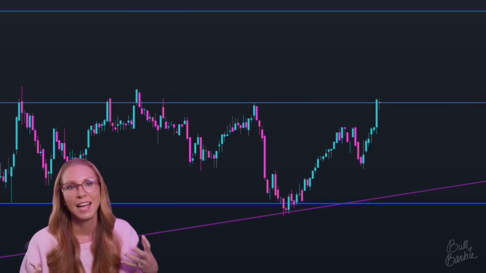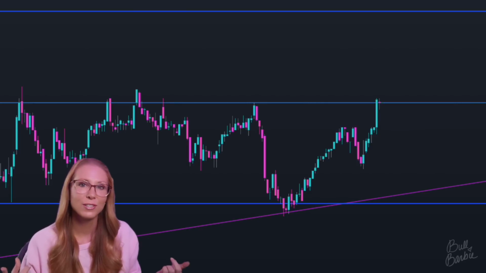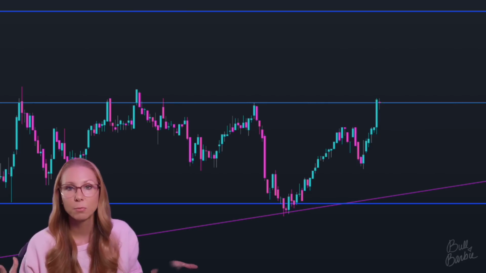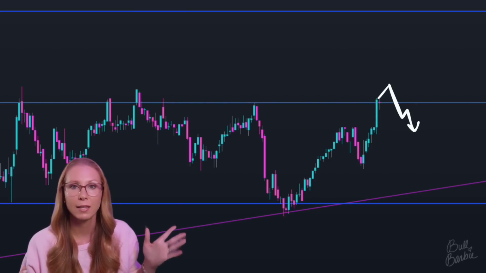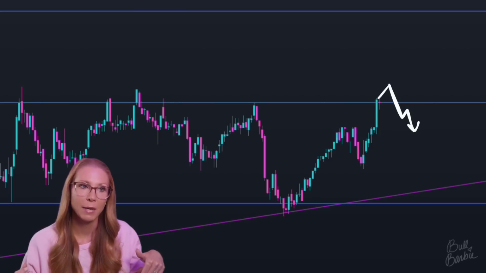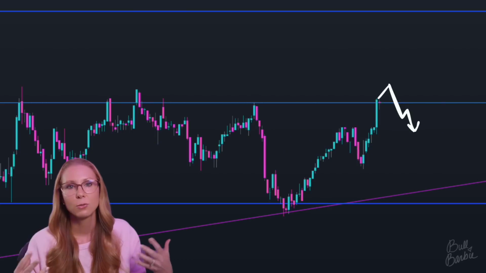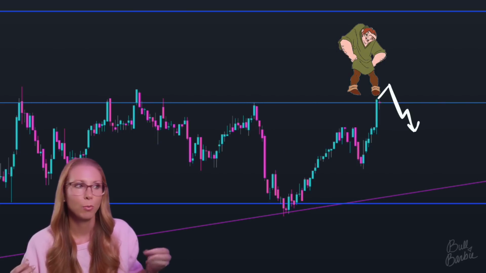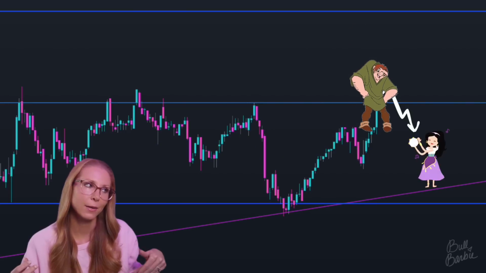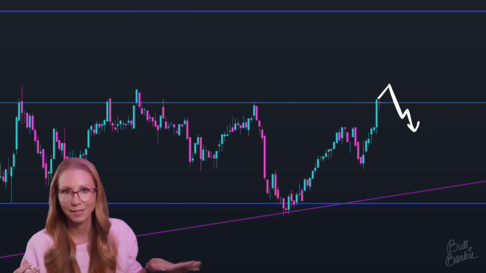And then we could also have the third scenario, which is the false breakout, where price is going to break through that level and then immediately either come back into chop or do a full reversal. So that's where we'd have Quasimodo breaking through, but going back home to Esmeralda at the end of the day.